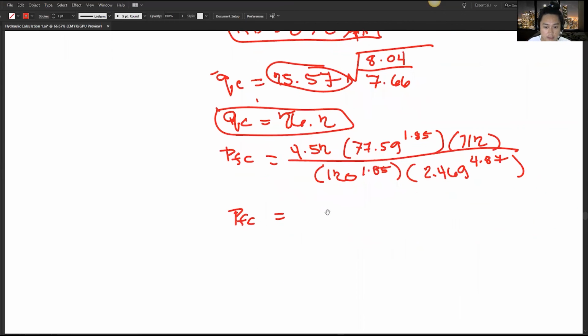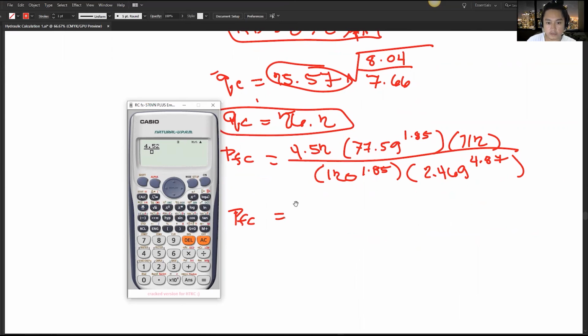All right, where's my calculator? 4.52 times 77.59 raised to the power of 1.85, times 112, that's the length in feet, all over the C factor of 120 raised to the power of 1.85, times 2.469 raised to the power of 4.87.